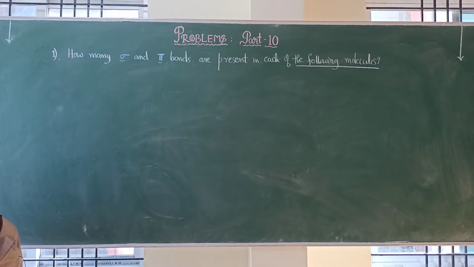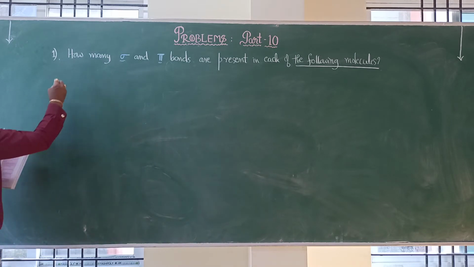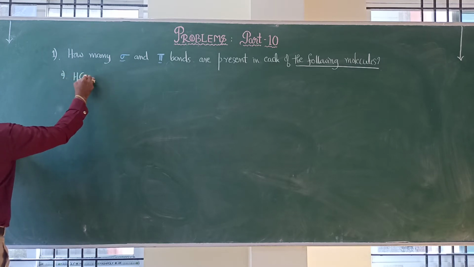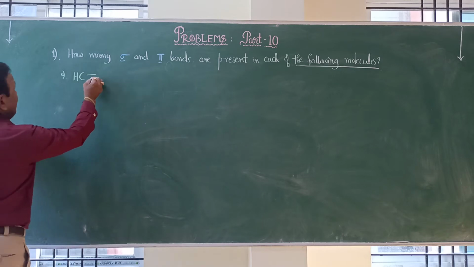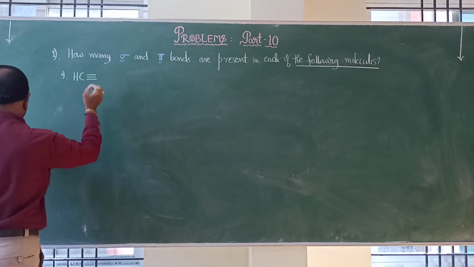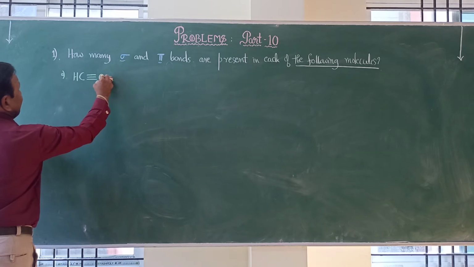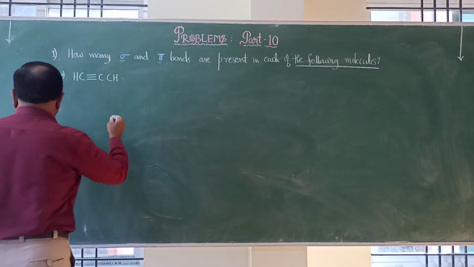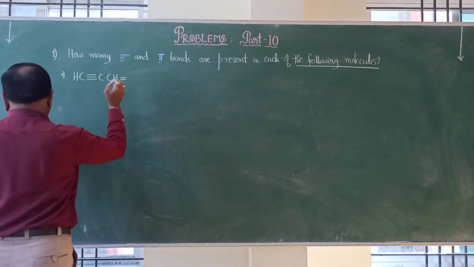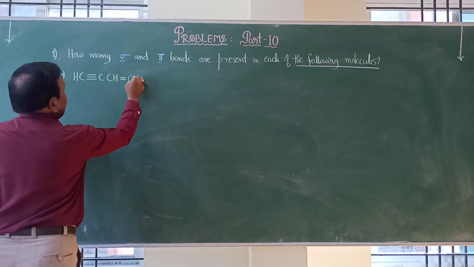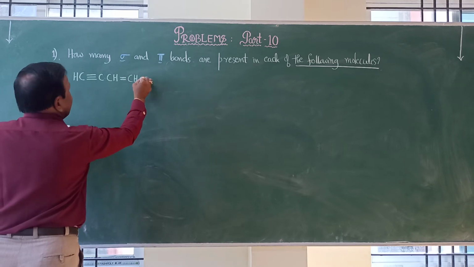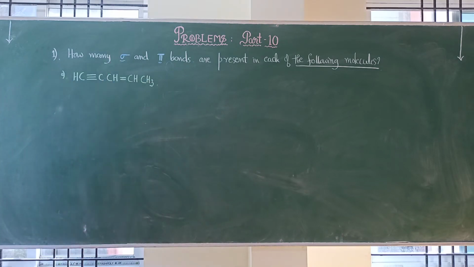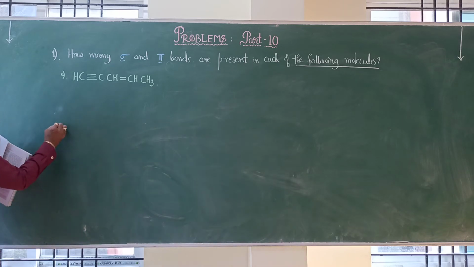So first compound given to you is HC triple bond CCH double bond CH3. Okay? So, second one, CH2 double bond C double bond CH3.